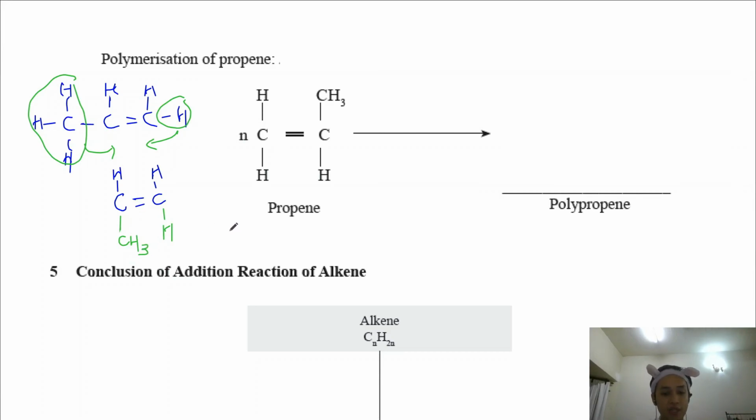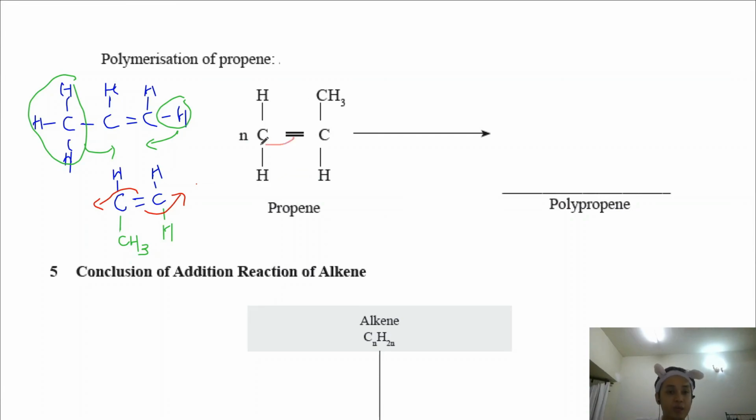So that you can see now my left and right are empty. Once my left and right are empty, I can break my double bond, so that one will go to the left and another one will go to the right. So this one is the same as this one, just that my CH3 is at the bottom here, while the CH3 is at the top part here, but it's the same thing.